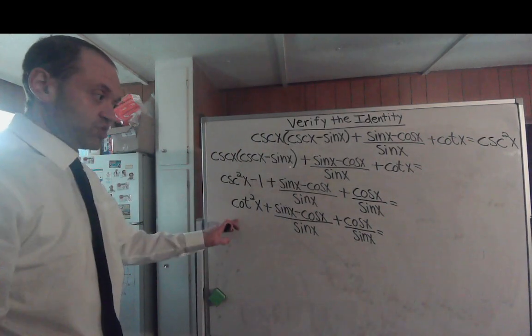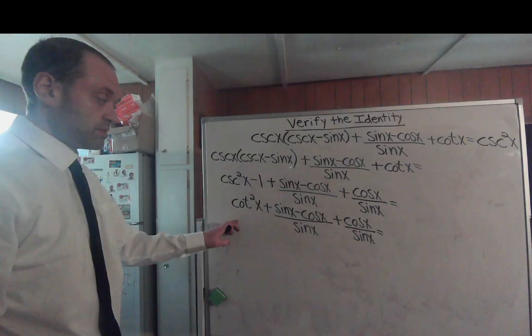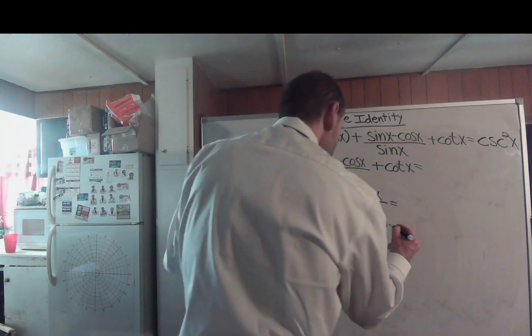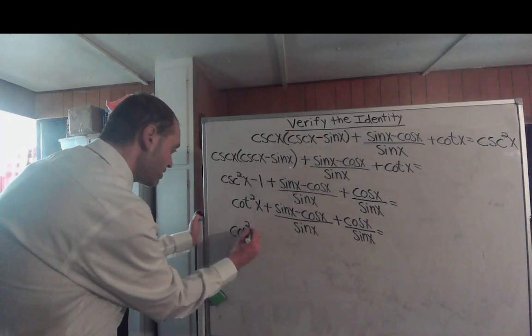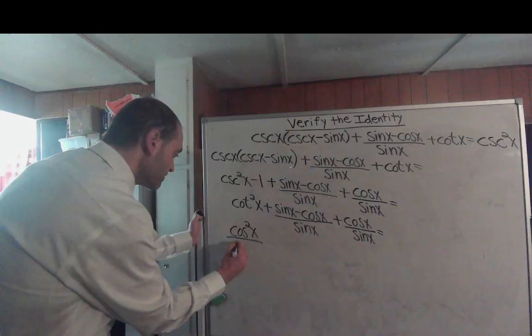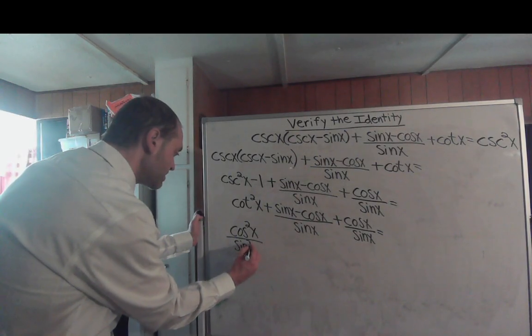Well, cotangent squared is what? That's going to be cosine squared over sine squared. Cosine squared of x over sine squared of x.